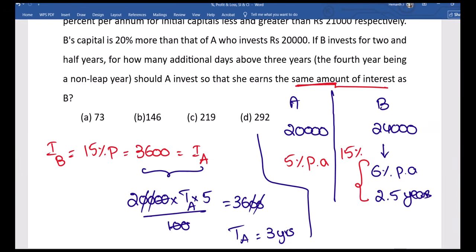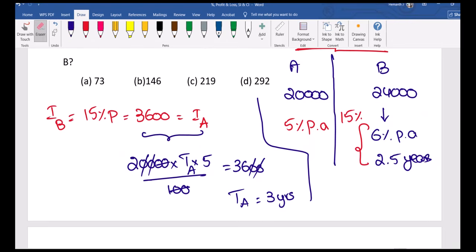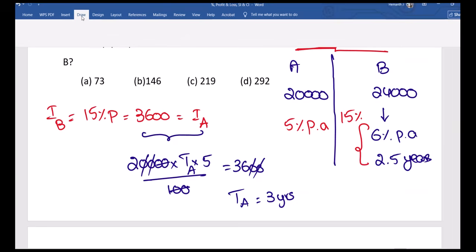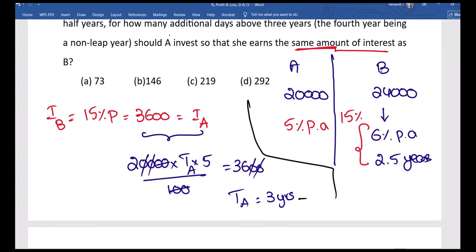Why do they mention in brackets that it's a non-leap year? It is because of this. You want to convert 0.6 years into days, so 0.6 into 365. The reason they mention non-leap year in the question is because of this: the extra 0.6 should be multiplied by 365.